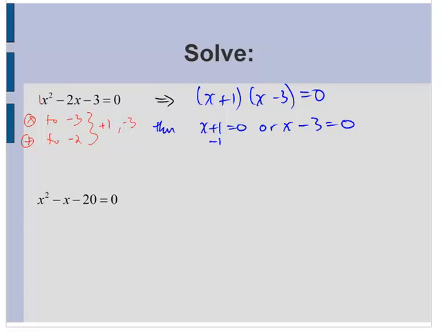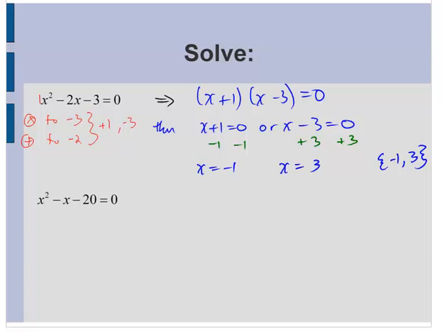Subtracting 1 from both sides on the first equation, we have x equals negative 1. Adding 3 to both sides on the second equation, we would have x equals 3. So the solution set contains the solutions negative 1 and 3.